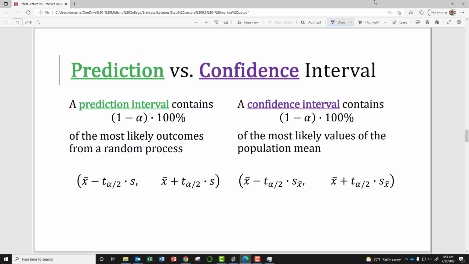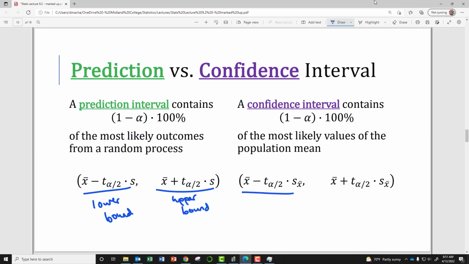This time in section 9.2, we're going to talk about 2 different ideas, a prediction interval and a confidence interval. So a prediction interval is going to contain 1 minus alpha times 100% of the most likely outcomes from a random process. And we're going to have this formula for the lower bound and this formula for the upper bound.